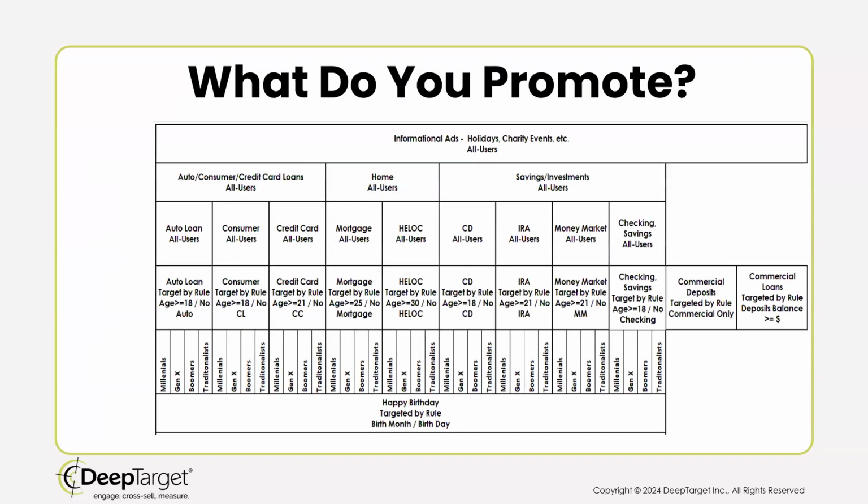Okay. So what do you promote? So you may have seen this in the past. This is what we consider to be a framework of ads or promotions that you can produce within your online channels. We're going to apply those 4 levels and show you why it's important.